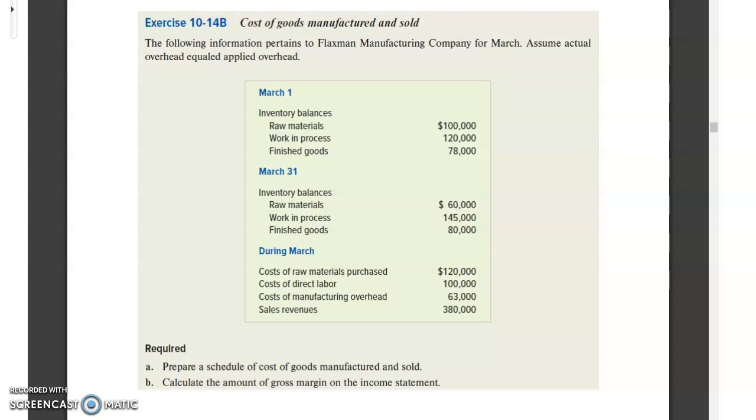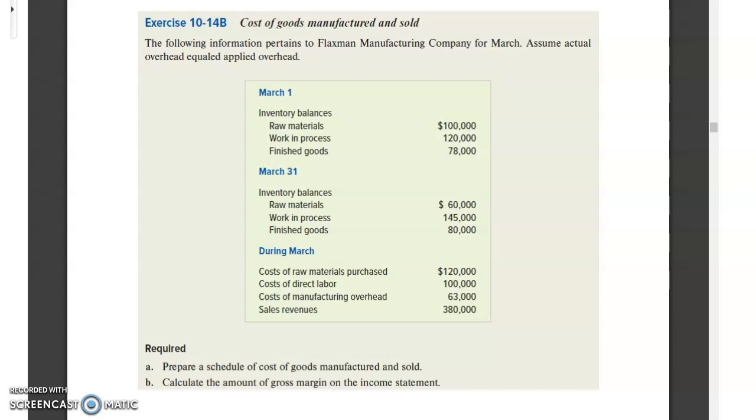You only need the sales revenue for part B of this problem. So the schedule of cost of goods manufactured and sold determines how much did we put into manufacturing new products and then how much of those were sold.